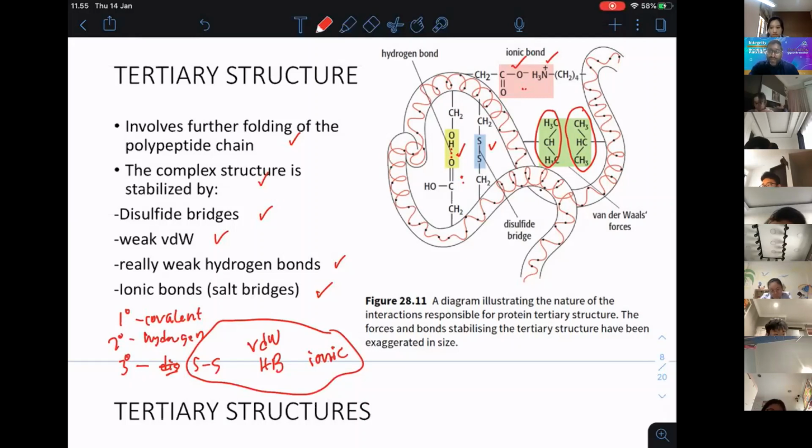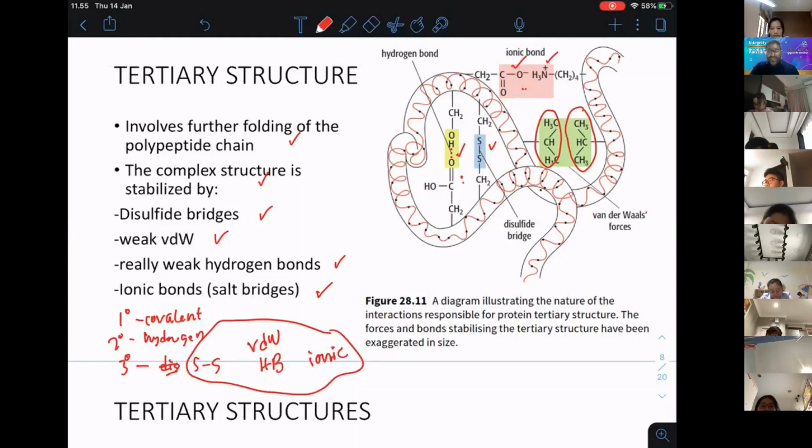It's only the hydrogen bonds. But does it mean that if I go into a very high temperature, all my protein will suddenly become denatured? It's not going to happen.